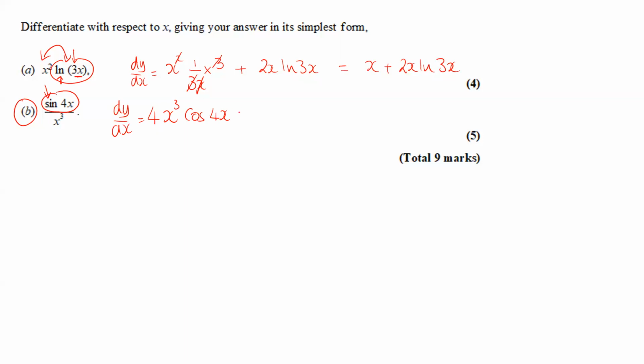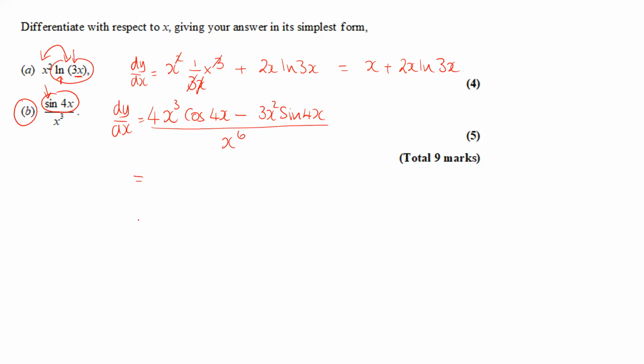So that is bottom times differential of top, and then minus top, sine 4x, times differential of bottom, which is 3x squared. And then you've just got to remember when you're doing the quotient rule, all over bottom squared, which is going to be x cubed all squared, which I would write as x to the 6, because you're just going to multiply.